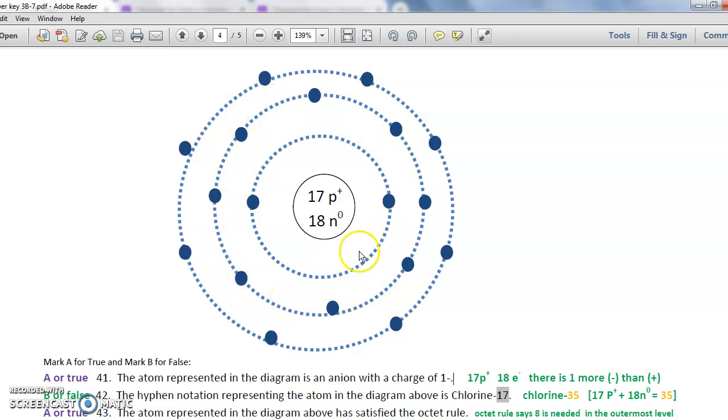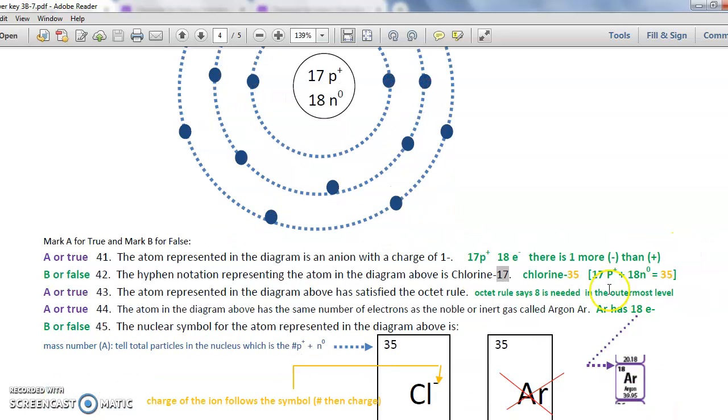That's all it holds. So on the first and second level, there are 2 plus 8 is 10. And on the third level, it has 1, 2, 3, 4, 5, 6, 7, 8. 8, and 10 is 18. So this thing has 18 negatives and 17 positives. It has one more negative than positive. So yes, its charge is 1 minus.